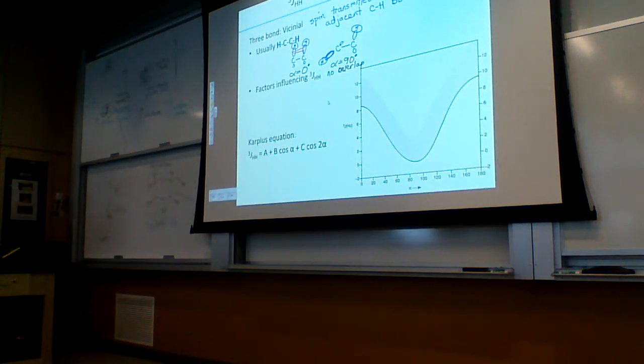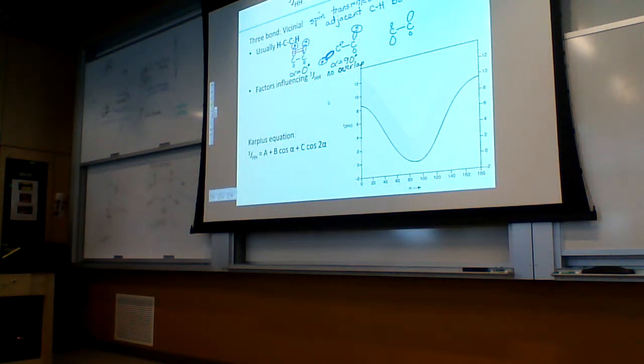With the 180, we actually still have overlap between the orbitals, though, because you have that little node on the bottom of the orbital that's overlapping with the orbital next to it.